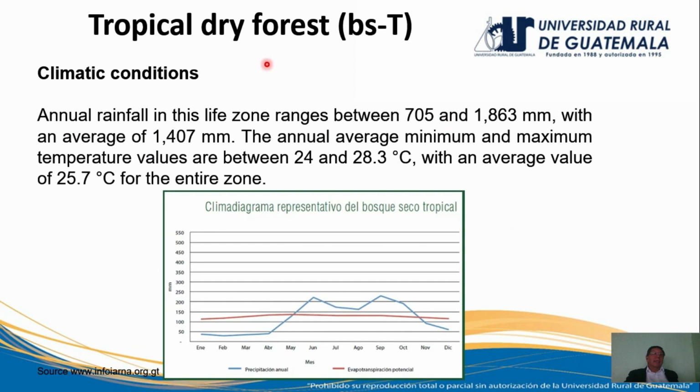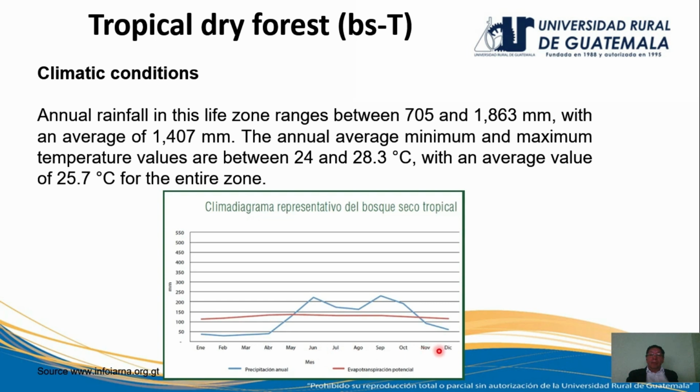The annual rainfall in this life zone ranges between 705 and 1,863 millimeters per year, for an average of 1,407 millimeters. We can analyze the graphic here below, and if we analyze carefully the blue graphic, we can see that it reaches an amount of about 200 millimeters per year from April to November.